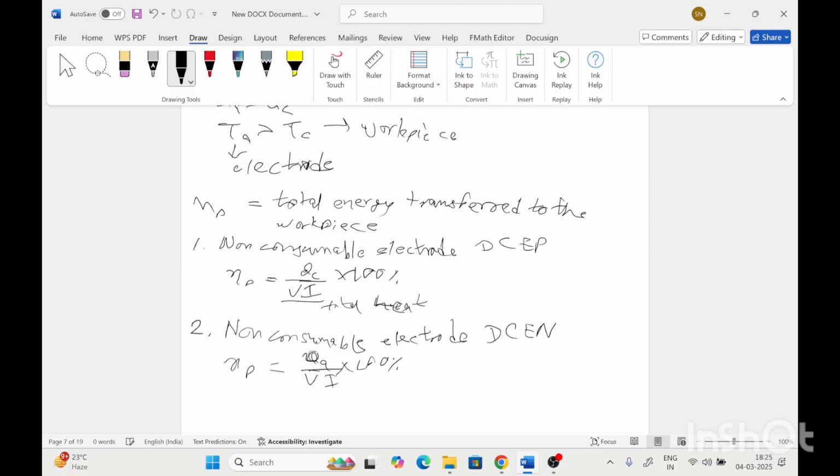So for a non-consumable electrode where the electrode is negative, the QA term comes in the heat efficiency formula. So from this equation, we can say that the heat available for a negative electrode is higher than the positive electrode.